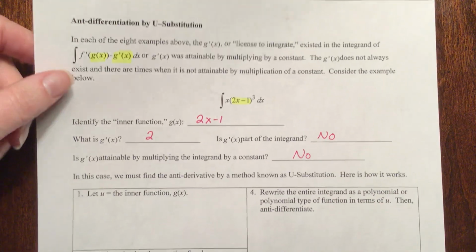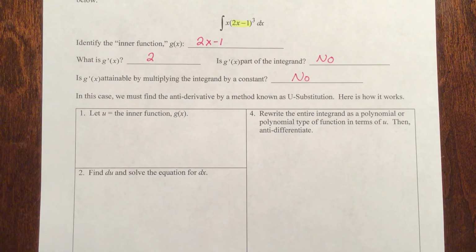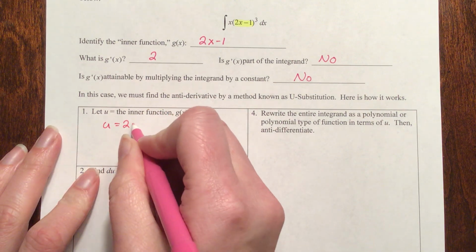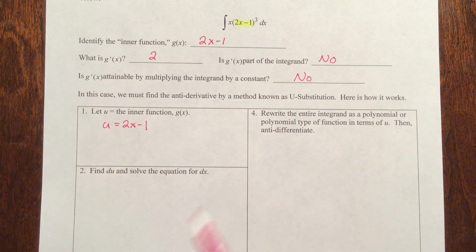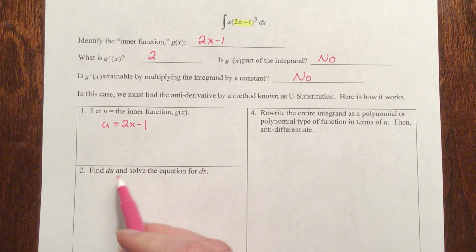Okay, so first off, let's let U equal the inner function, which is g of x. So U equals 2x minus 1. This is all side work, all of this stuff so far. The next thing we're going to do is find du. So we're going to take the derivative of both sides with respect to x.